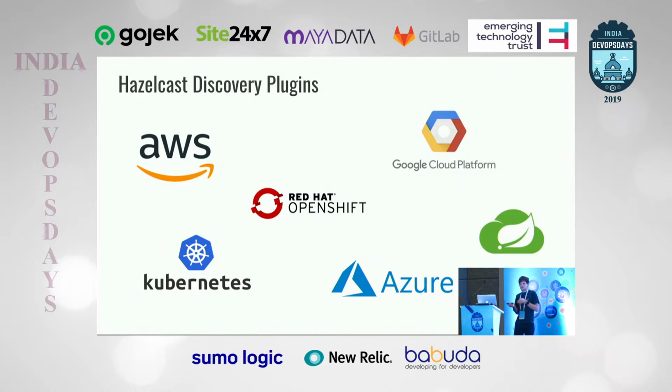If you happen to use on-premise servers or something that is not supported, we have some more plugins that are community-based, so people write their own. But if you don't find something that fits you, you can always run the Eureka service registry, and then Hazelcast will use Eureka to discover other cache members.